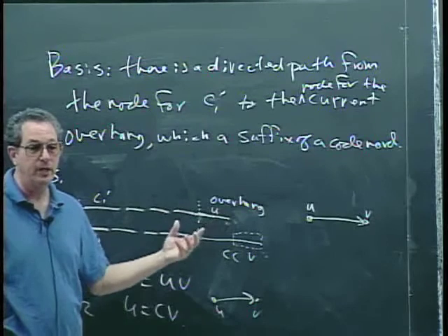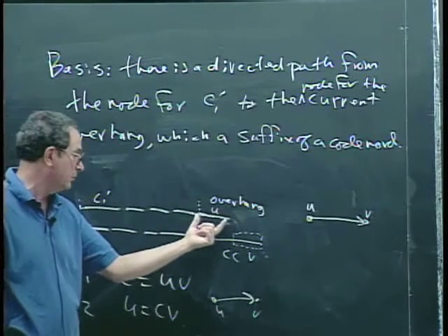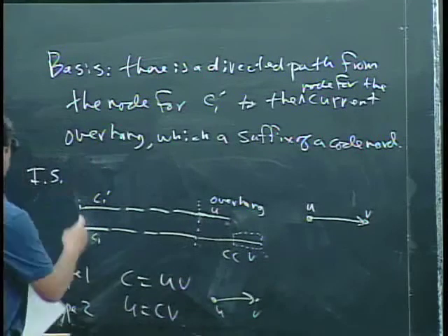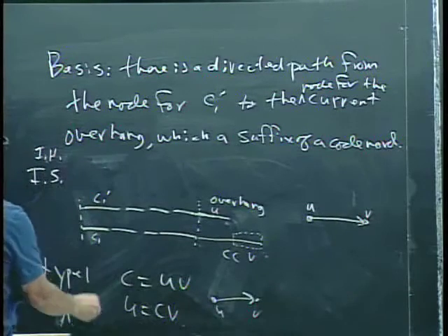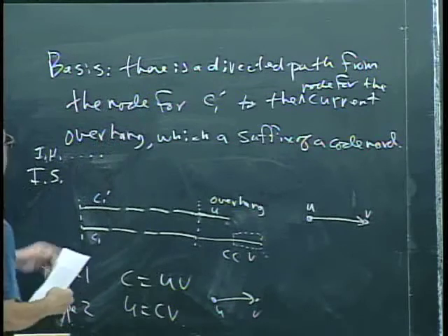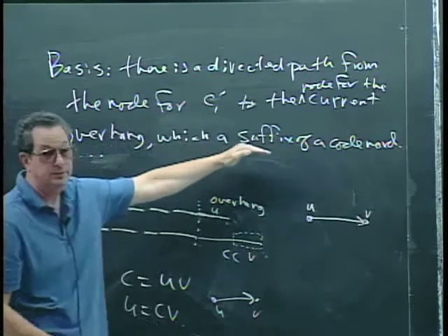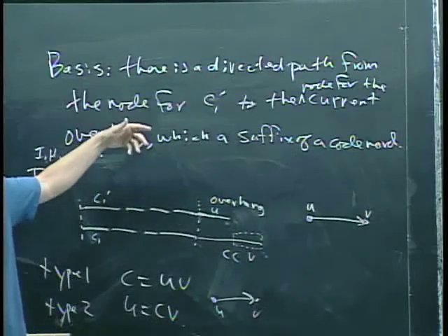Well, it's the overhang, so it's always a piece of the longer code word, of the longer parse. Or I could put it in the inductive hypothesis if I want. The inductive hypothesis is that we have this situation. There's a directed path from the node for C1 prime to the node for the current overhang, and that's a suffix of a code word. So we can say this is the inductive hypothesis as we proceed through this construction.